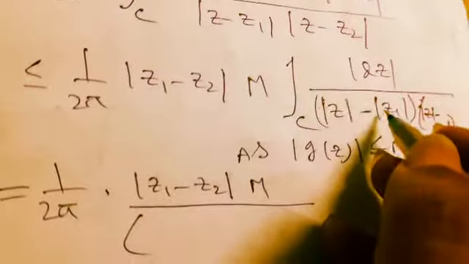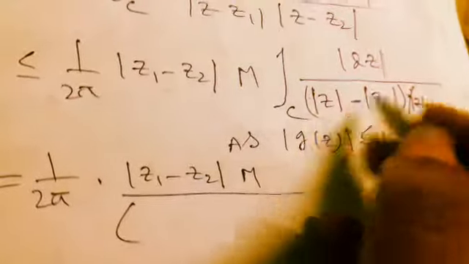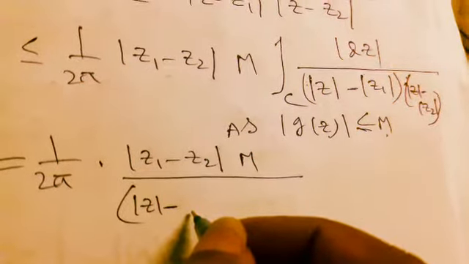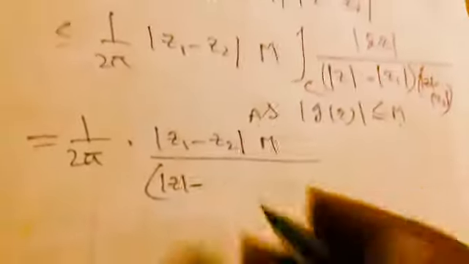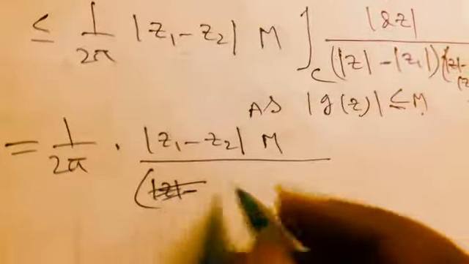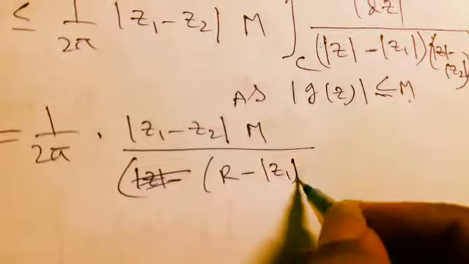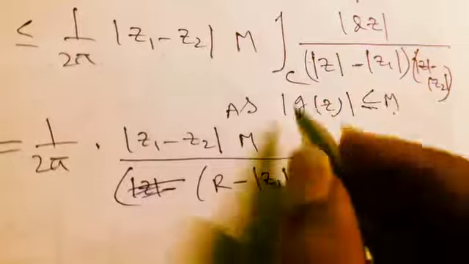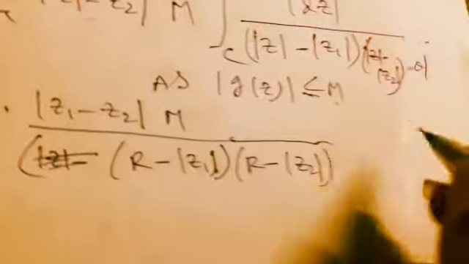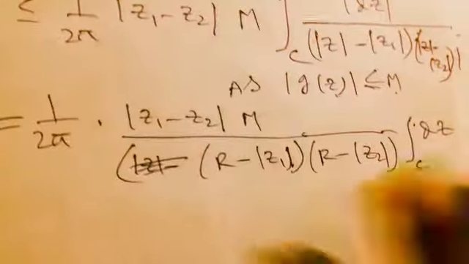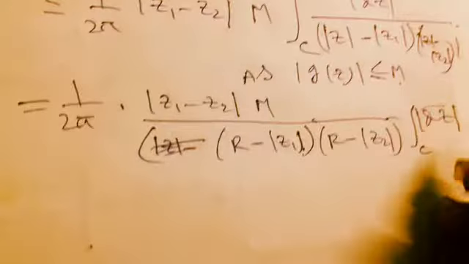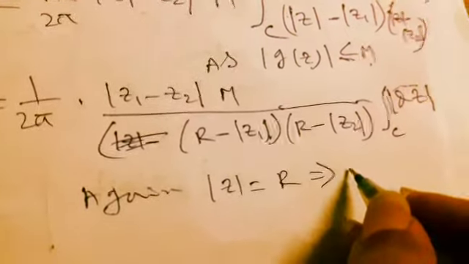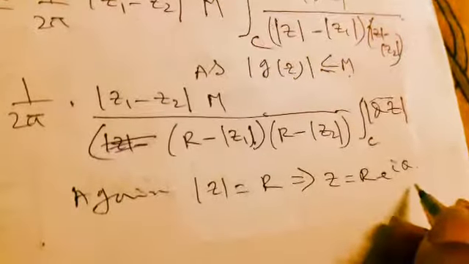So since z1 is less than R, if minus is absorbed totally from these two terms, so it will be mod z equals R, we are using here R minus mod of z1 into R minus mod of z2, because we are considering the circle mod z equals R, in this manner, and outside the integration over C, dz is also mod of dz, and again we use mod z equals R, which implies z equals R e to the power i theta.